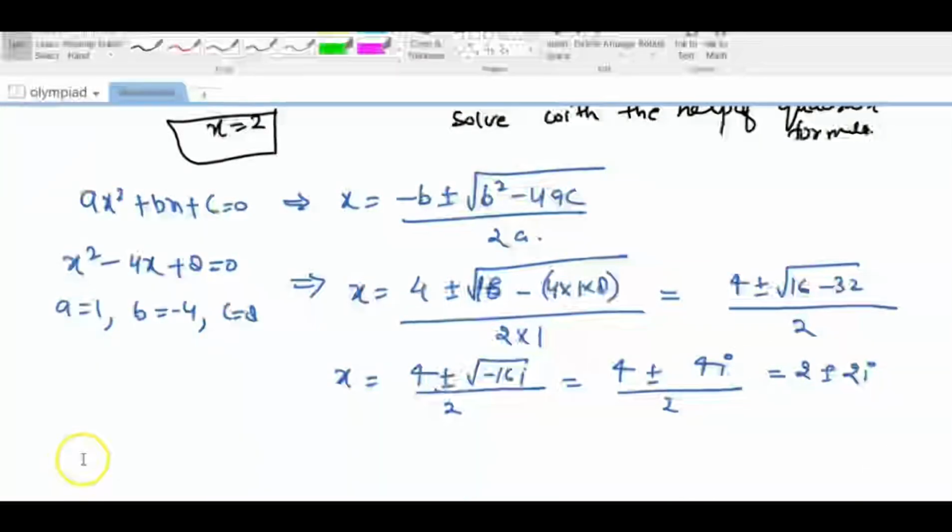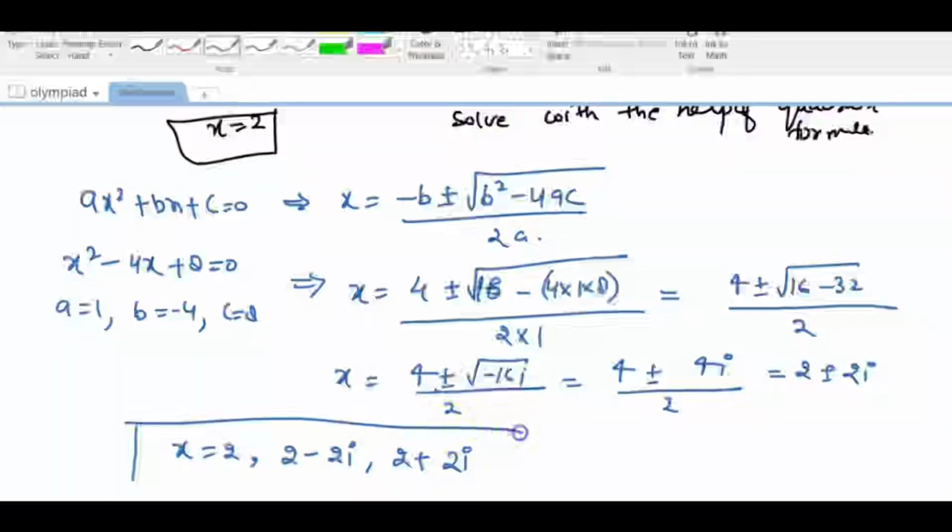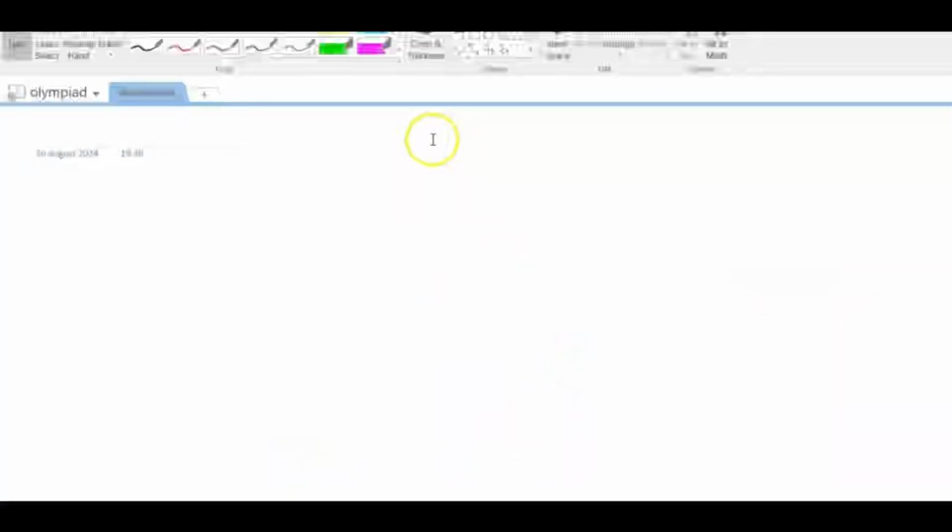Hence, the roots of our cubic equation are x is equal to 2, 2 minus 2 iota, and 2 plus 2 iota. So these are the roots of our given equation. So when it is written that solve x to the power 4 is equal to x minus 4 to the power 4, what will we get?